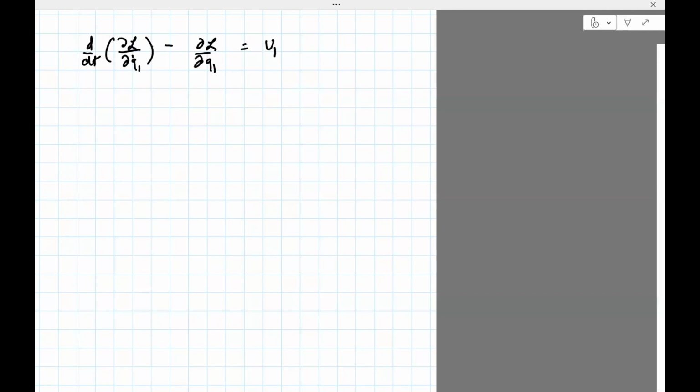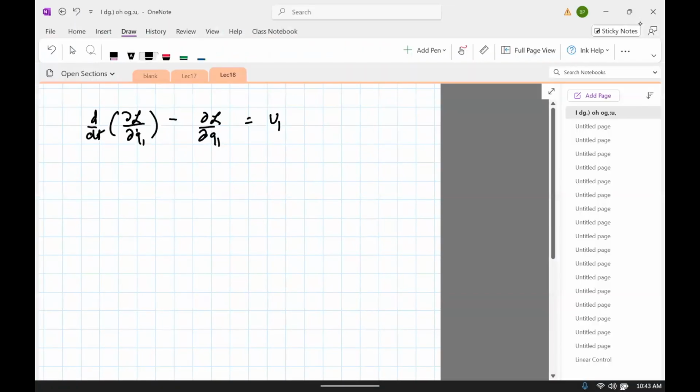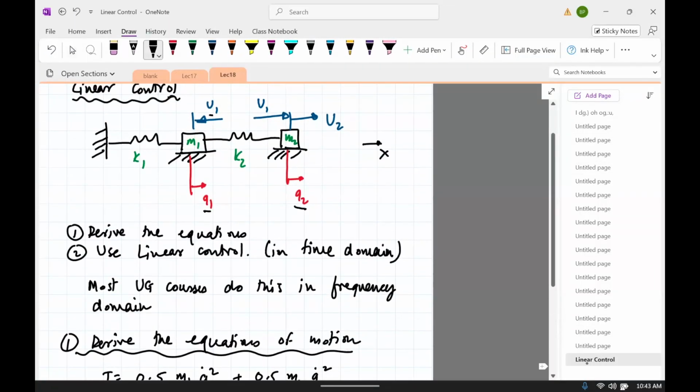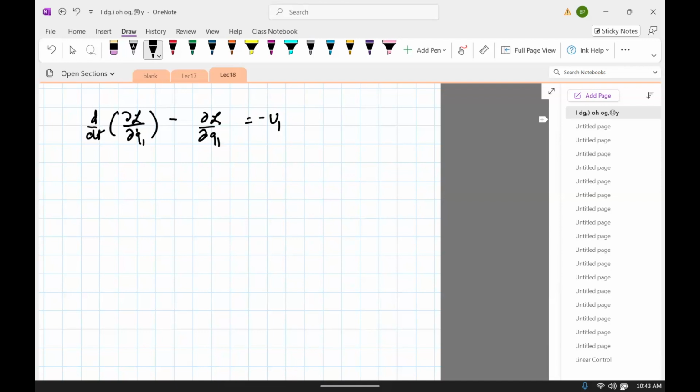By the way, u1 is acting in the negative x direction, so I need to take care of the sign there. So it will be negative u1. Once you do this, and I will not go through it because we've done this several times, the equations come out to be: m1 q1 double dot plus k1 q1 minus k2 (q1 minus q2) equals minus u1.